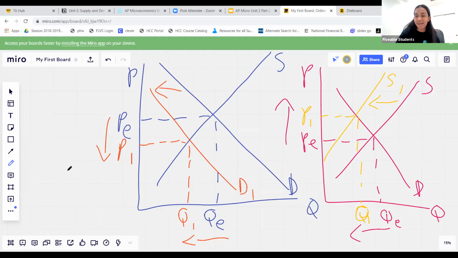Yeah, that's how a decrease in supply would affect equilibrium price and quantity. And of course, going the opposite direction would have the exact opposite effects: price would decrease and quantity would increase when supply shifts right.